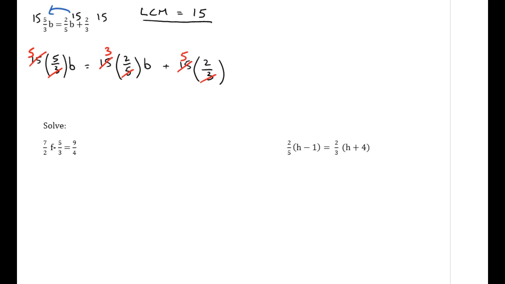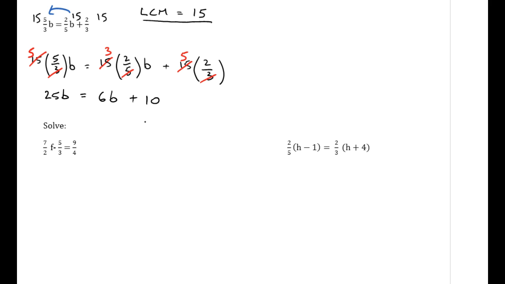I'm simplifying all the fractions, and I'm actually eliminating them because all the denominators are now gone. Over here I have 5 times 5 is 25b equals 3 times 2 is 6b, and here I have plus 10.